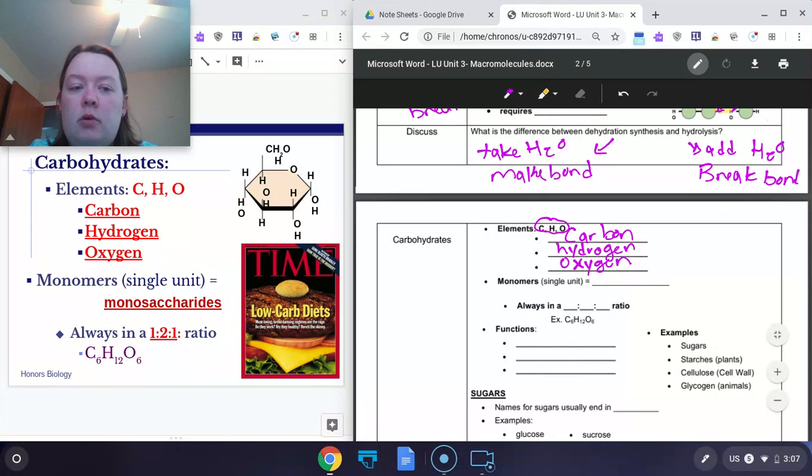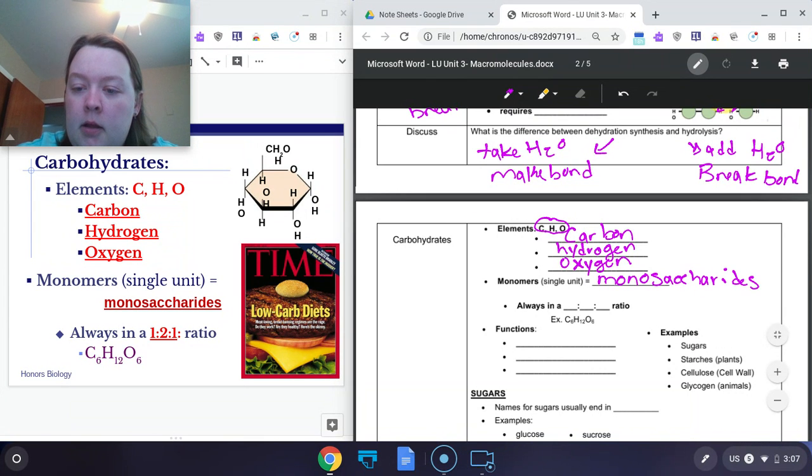Now the monomer, or the building block of carbohydrates, is called a monosaccharide. Mono means one or single.